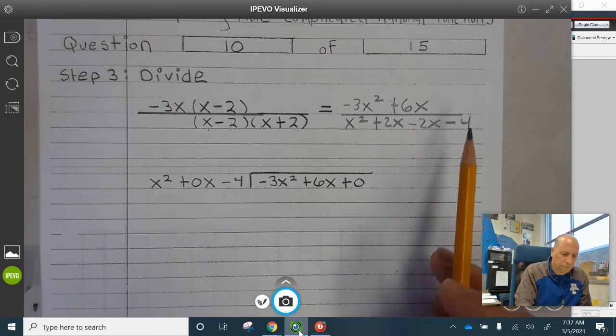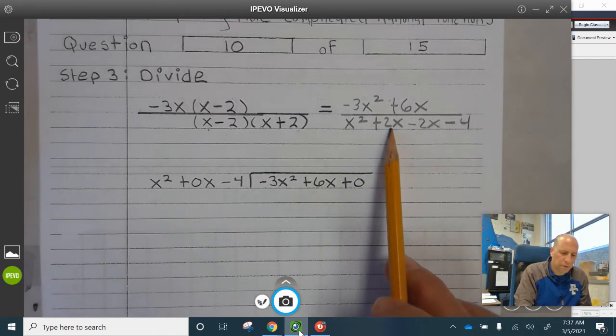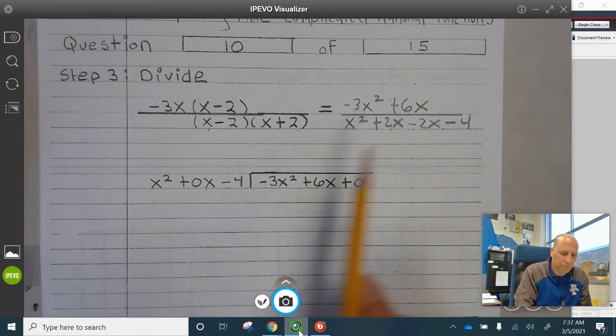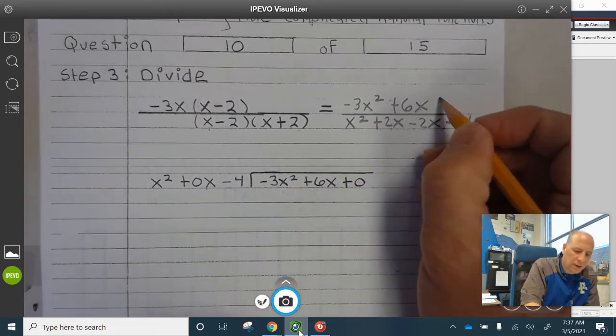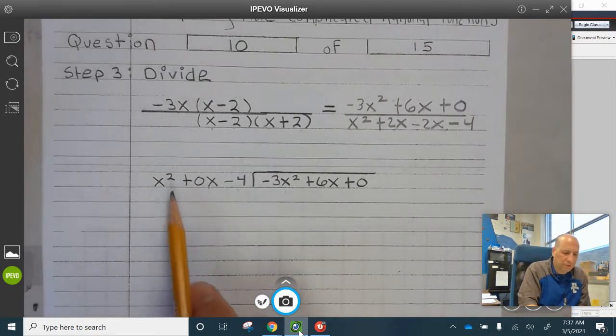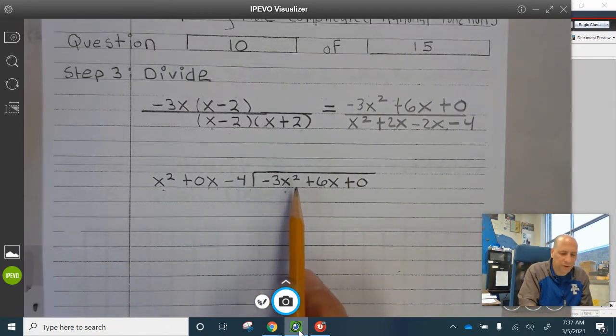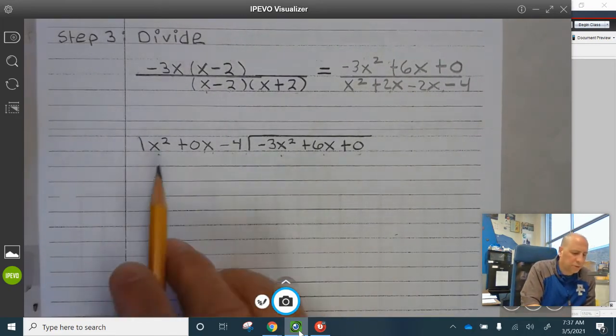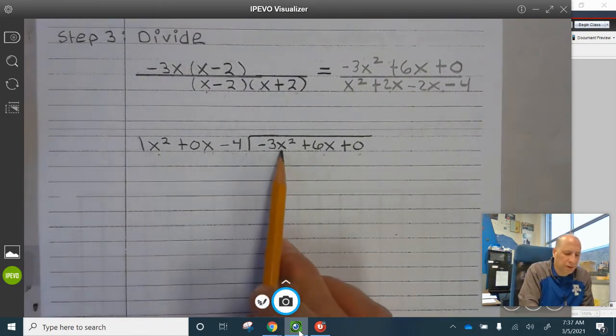Now, this becomes x squared, that becomes 0x minus 4. And then negative 3x squared plus 6x. But you also want to put plus 0, because if this has an x squared, x, and a constant, this needs to have x squared, x, and a constant. Okay? All right, so now we divide. You ask yourself, what do you multiply x squared by to give you negative 3x squared?